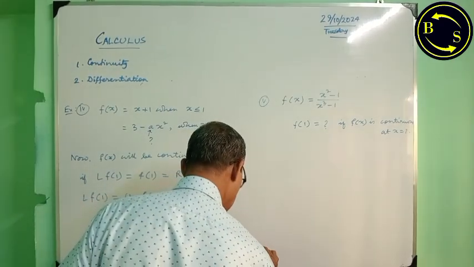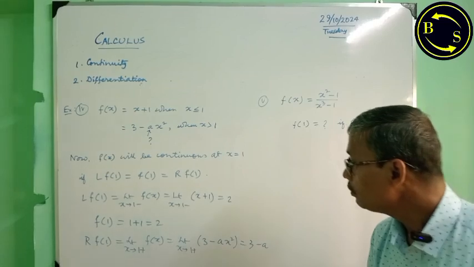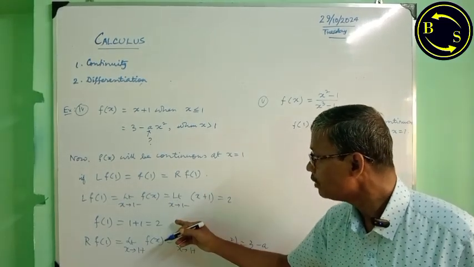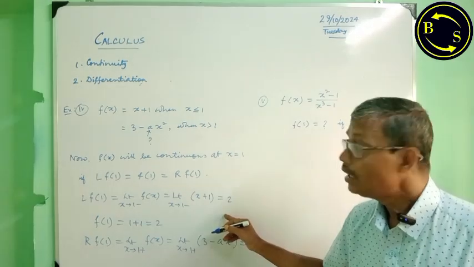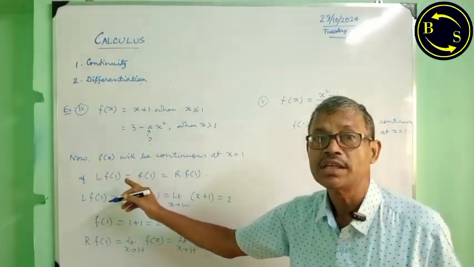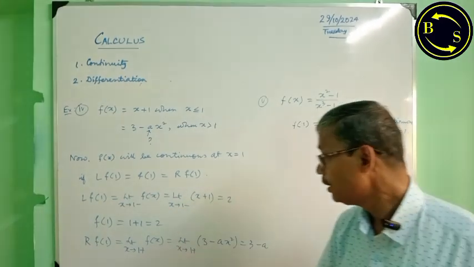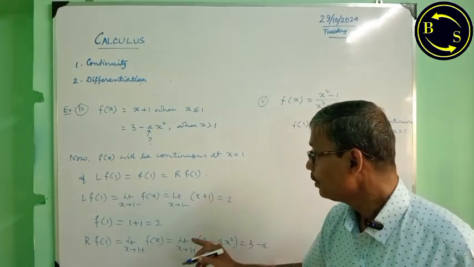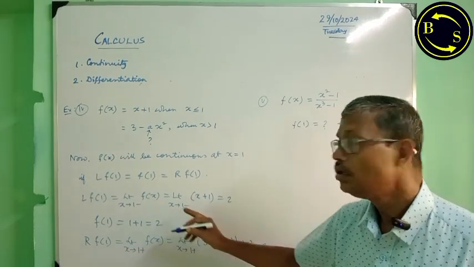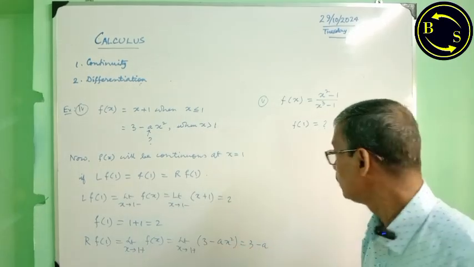Finally, it will be 3 minus a. Now, we find Lf(1) and f(1) both 2, and already we have mentioned the condition of continuity of the function f(x) at x equal to 1 is this one. Therefore, Rf(1) must be equal to Lf(1) as well as f(1).